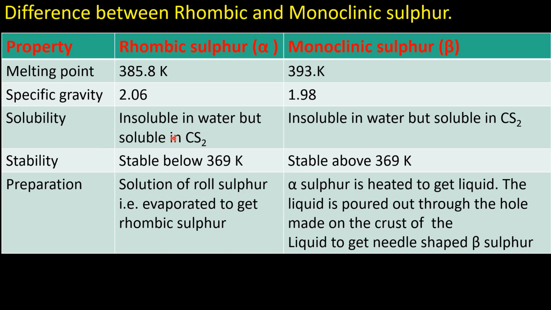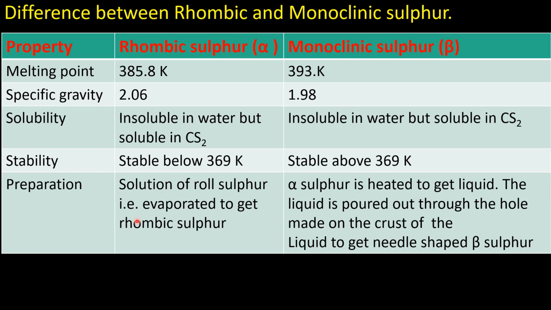Solubility: rhombic sulfur is insoluble in water but soluble in carbon disulfide. Monoclinic sulfur is also insoluble in water but soluble in carbon disulfide. Stability: rhombic sulfur is stable below 369 Kelvin, whereas monoclinic sulfur is stable above 369 K.